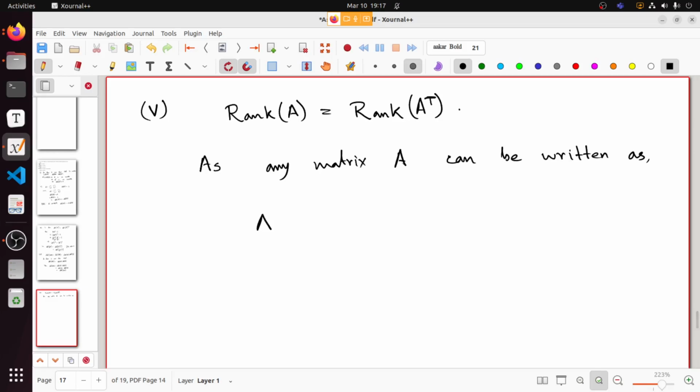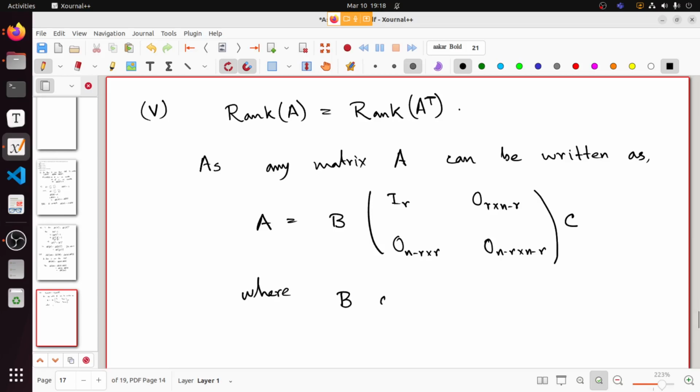Any matrix A can be written as B times a block matrix: identity R cross R, 0 matrix of order R cross n minus R, 0 matrix of order m minus R cross R, and 0 matrix of order m minus R cross n minus R, times C. Suppose this is an m cross n matrix, where B and C are invertible matrices.